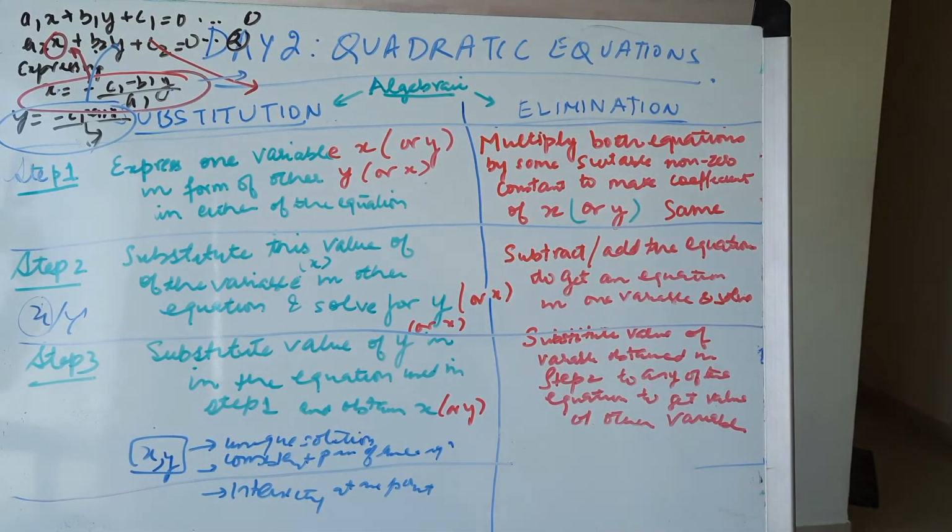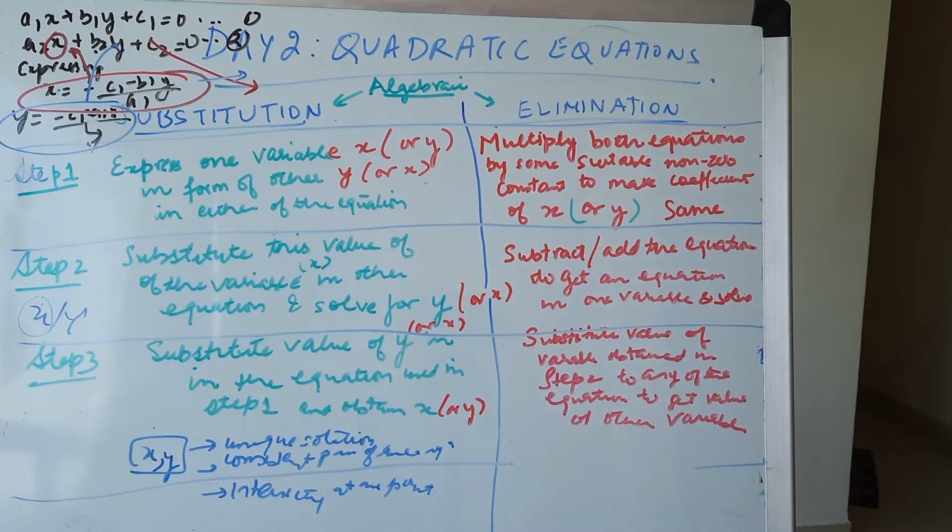But what we do is we'll multiply both the equations by some suitable non-zero constant to make the coefficient of x or y same. Then what is happening? We are going to get two new equations instead of the original equations, and then we either subtract or add to get an equation of one variable, which we will solve, and then substitute this value in any of the equations to get the value of the other variable.